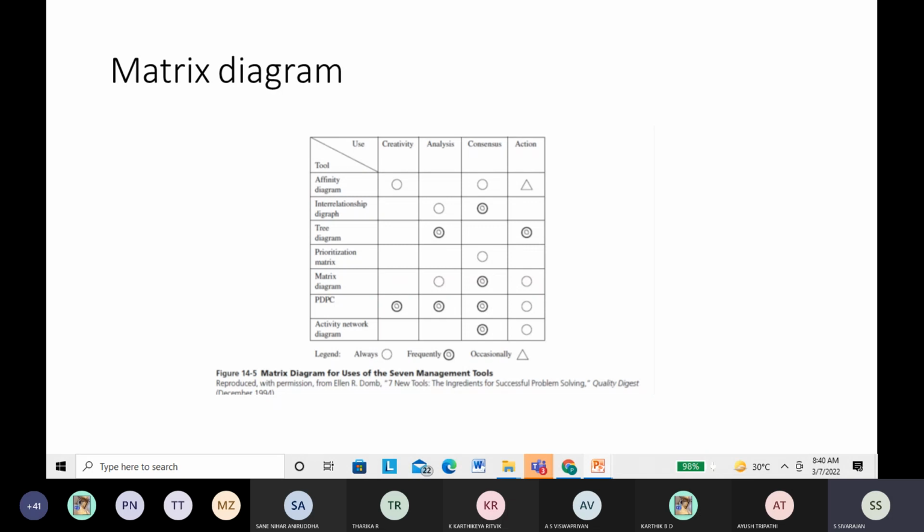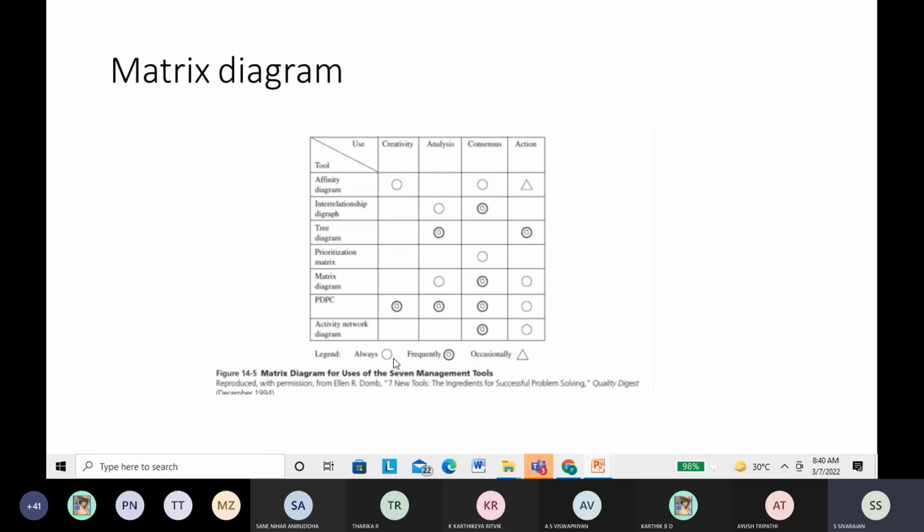Affinity diagram: you have scrambled ideas and you put them together, but it cannot be put into action. So they are very occasionally related. This way we can have some three or four criteria, and whatever techniques you want to evaluate by matrix diagram, you can put them there and find out.